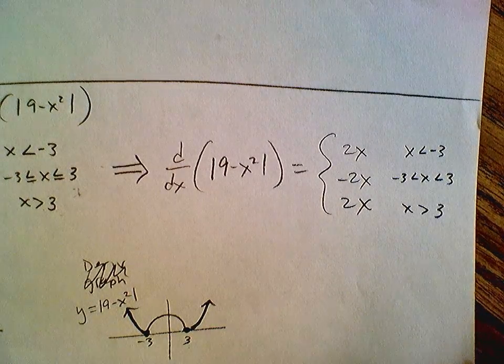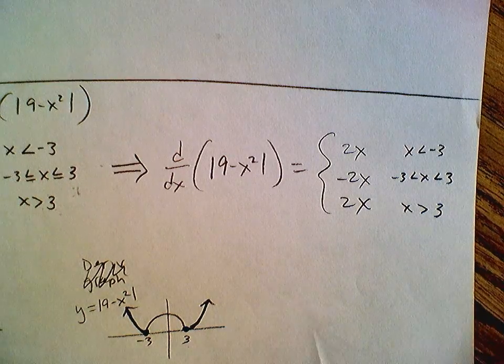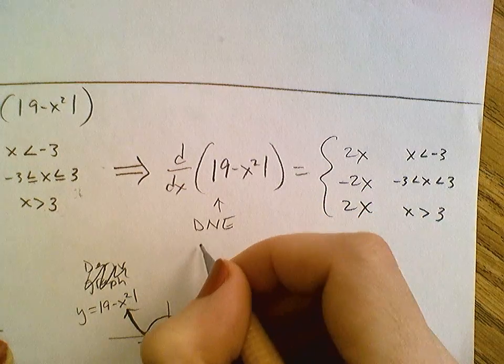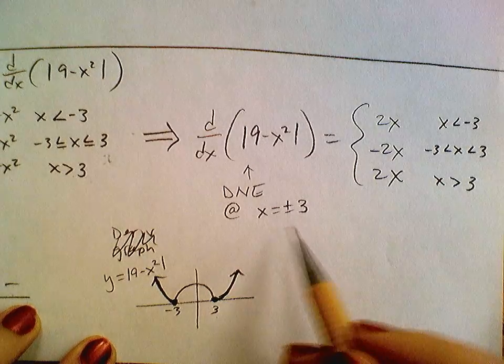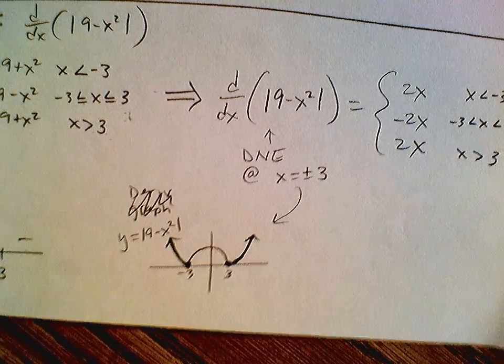And guys, the reason I'm not doing or equals to anywhere is because the derivative does not exist at x equals plus or minus 3, because you've got those sharp corners.